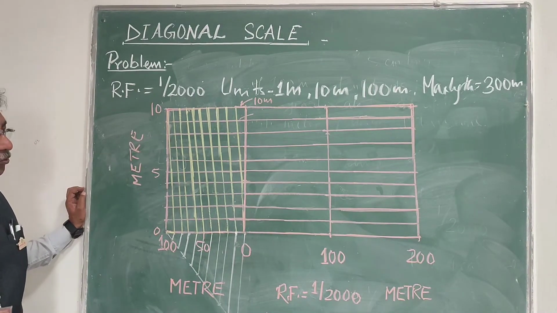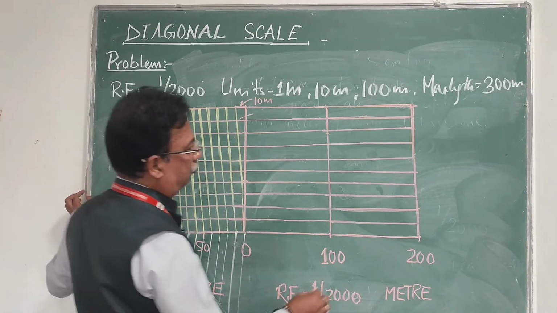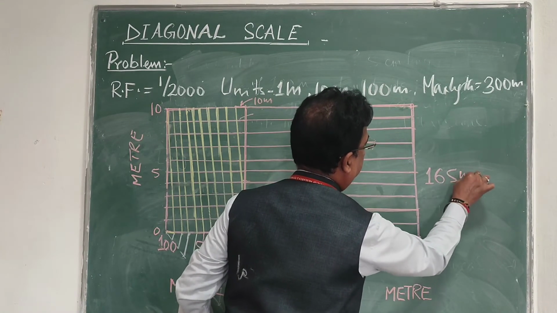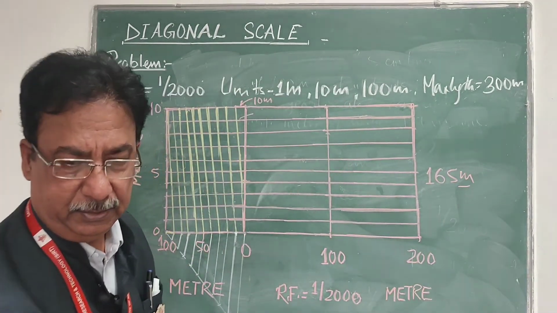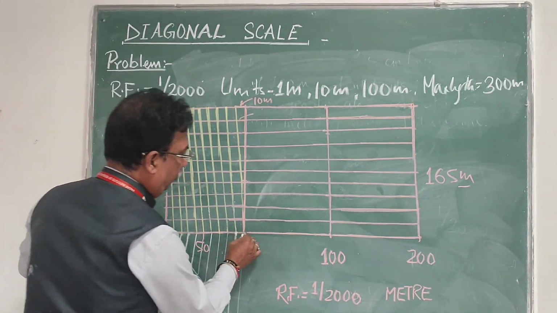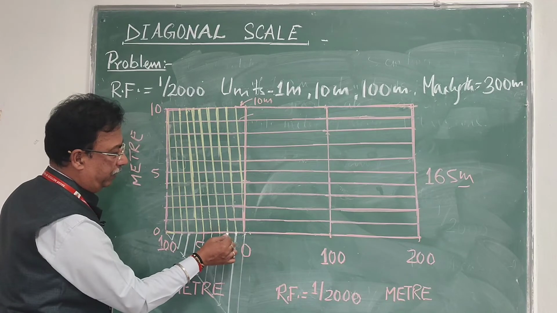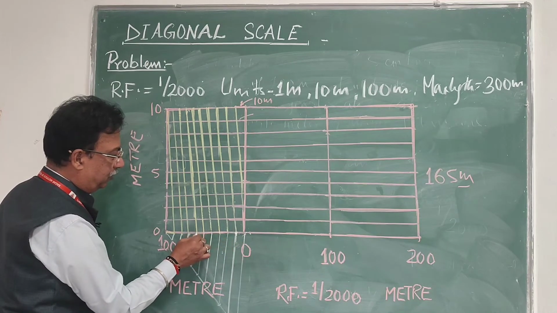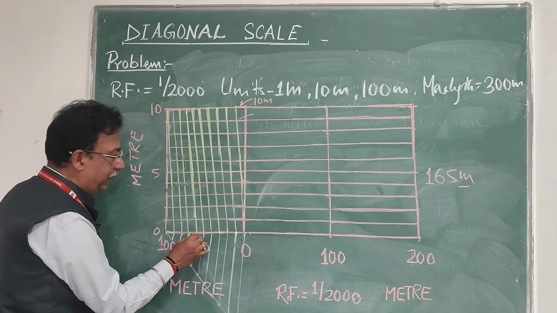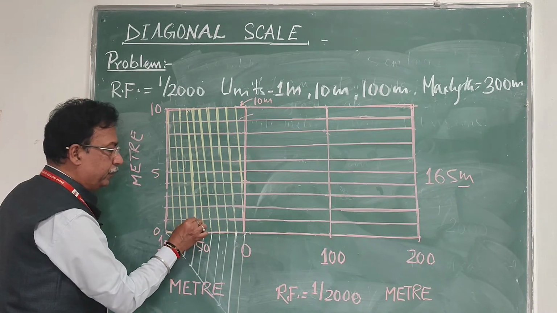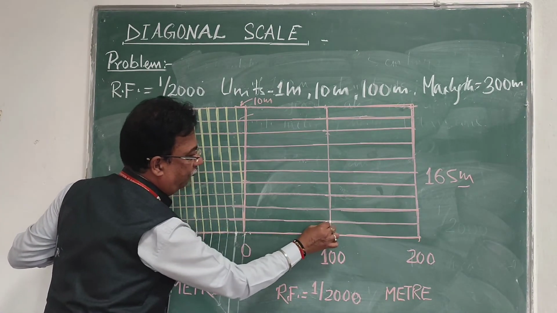Suppose I want to measure a length of 165 meter with the help of this scale. Now look at this. From 0 to 100 will be 100 meter. Now if I move towards the left, 1, 2, 3, 4, 5, 6, so this will be 160. If I go on this inclined line, that is the yellow line, 1 up, that is 161.